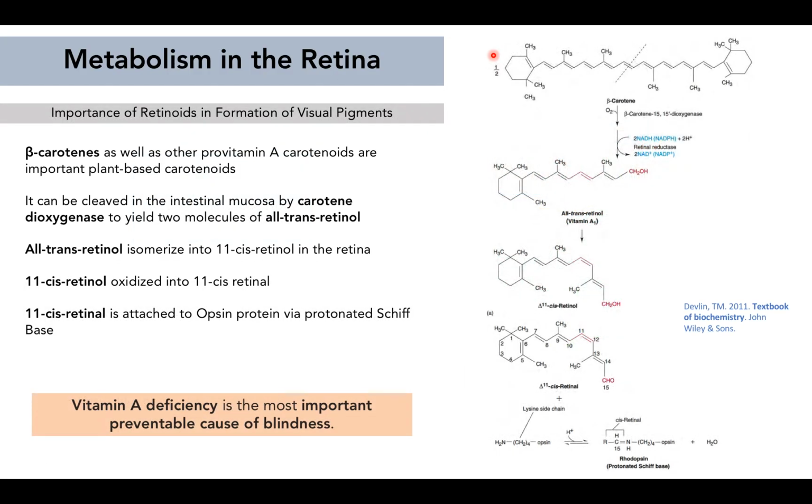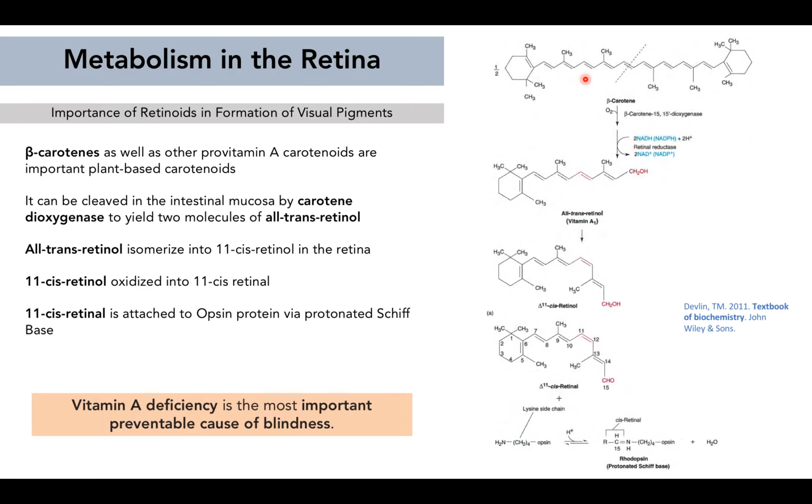And as we talked about, the opsin contains 11-cis retinal. If you recall the vitamin and mineral lecture, you'll know that these retinals come from a compound called beta-carotene in our diet.